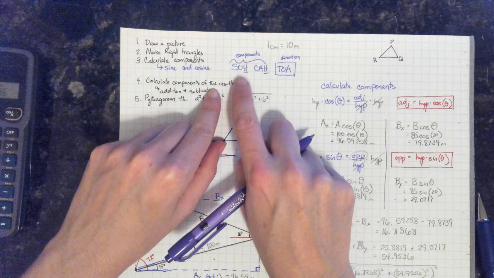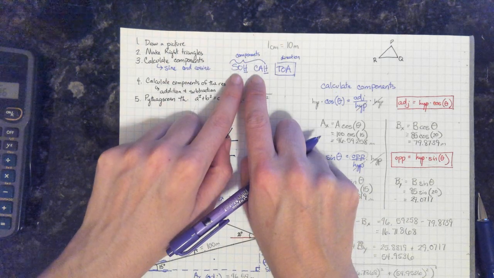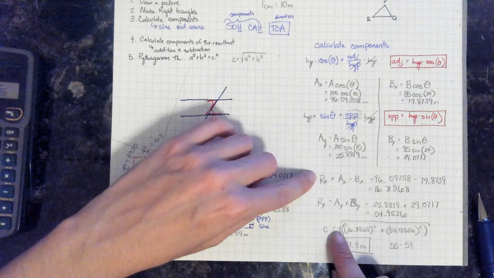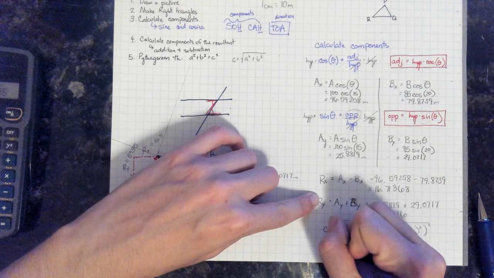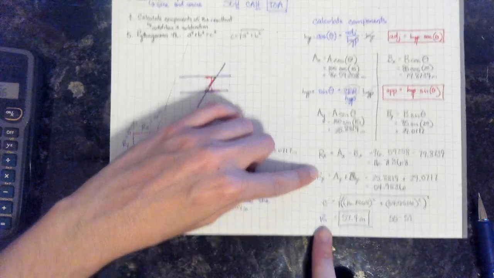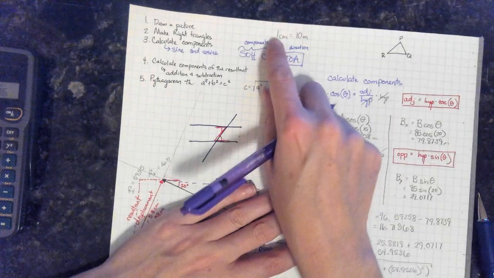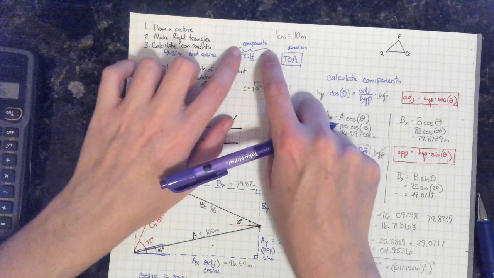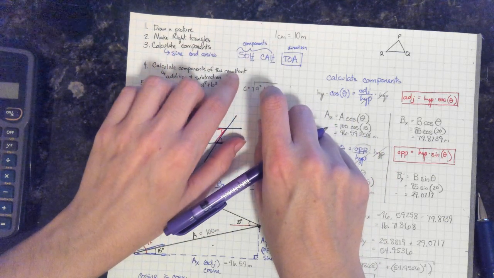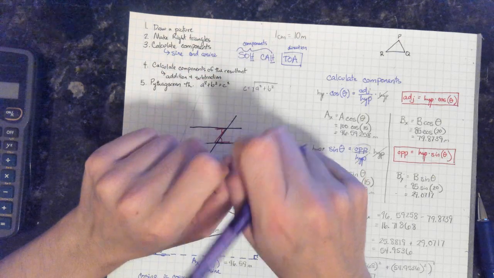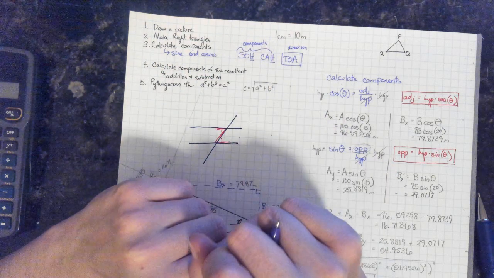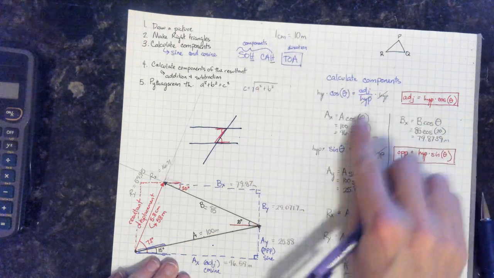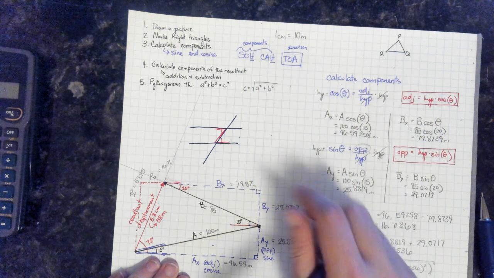Sine and cosine, you pretty much have to use to find the components, but now that we have Rx, Ry, and R, you can use any of the trig functions to find the angle. But I find that students like having the regularity: sine and cosine are for the components, tangent is for the angle.